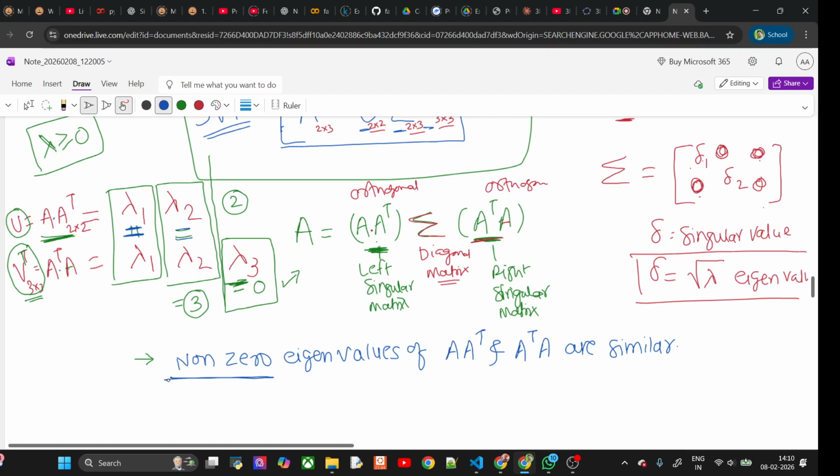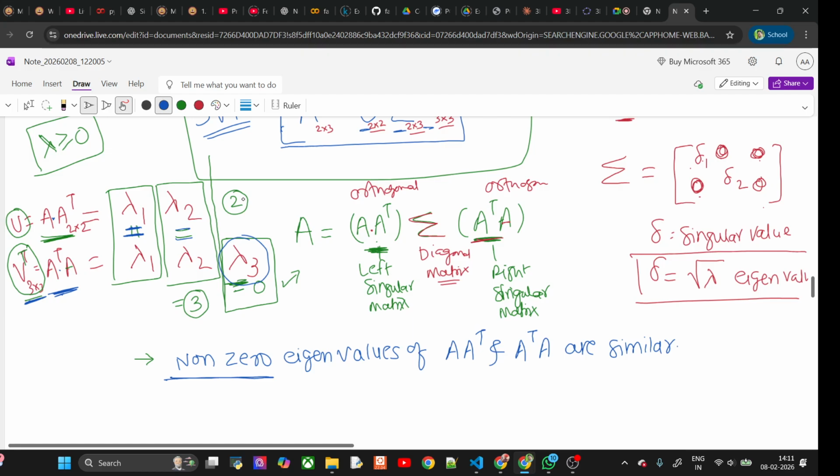It is not correct, because A transpose A has 3 eigenvalues and A into A transpose has only 2 eigenvalues. So their eigenvalues are not all similar, because you cannot compare lambda 3 of the 3 cross 3 matrix with nothing in the 2 cross 2 matrix. So that statement is wrong.